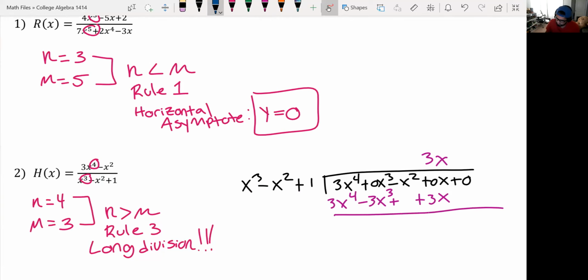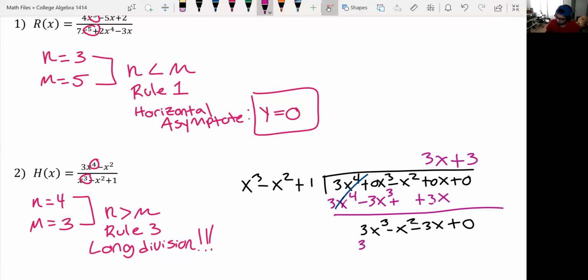All right. 3x to the fourth minus 3x cubed plus 3x. Cancel. Drop this down. That becomes positive 3x cubed minus x squared minus 3x plus 0. Okay. And then to get rid of 3x cubed, I'm just going to multiply by 3.